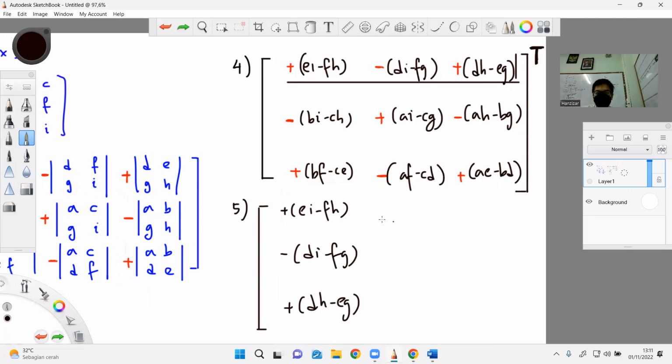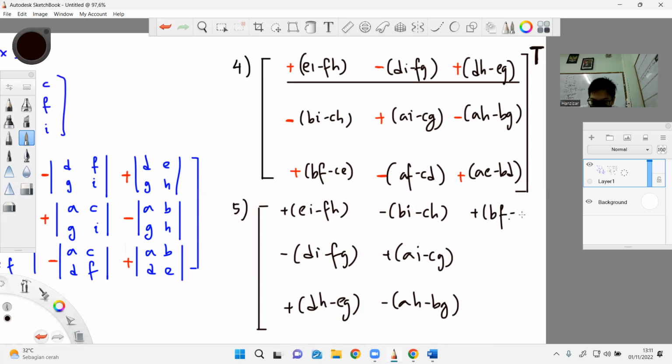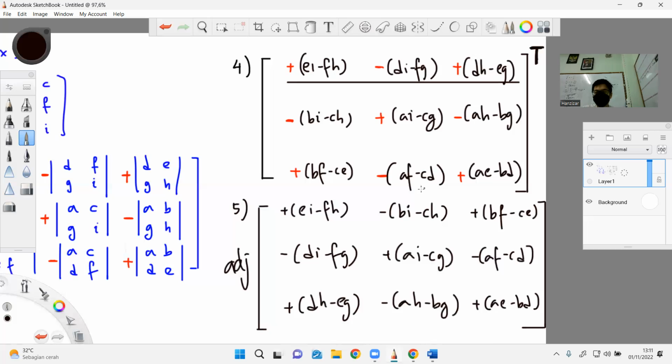And then next, B I minus C H, plus A I minus C G, A H minus B G. Oh man, one more. I'm losing my focus. C E, and then A F minus C D, A E minus B D. Okay, this is the adjoint. We are done with the adjoint of the matrix.